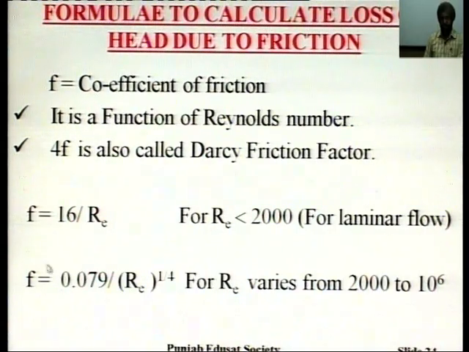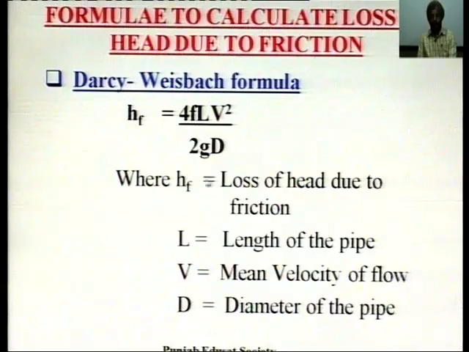So these are the two different values of f depending upon the Reynolds number. Using this formula, we can very easily calculate the loss of head due to friction, the formula called the Darcy-Weisbach formula.